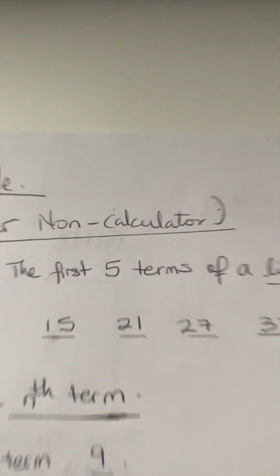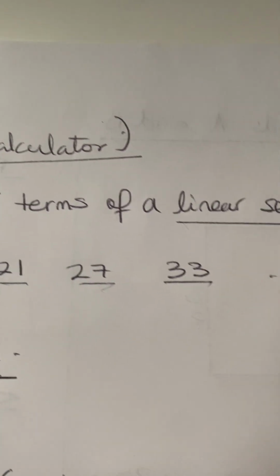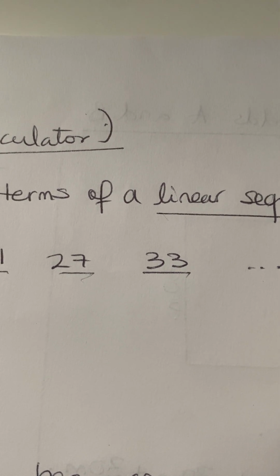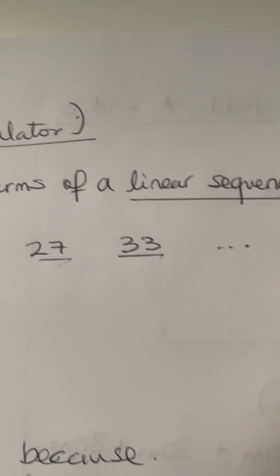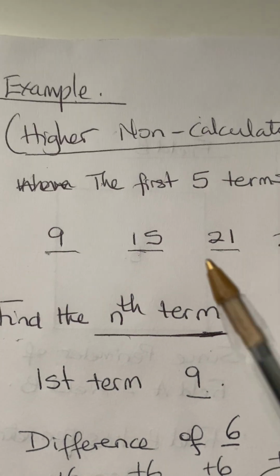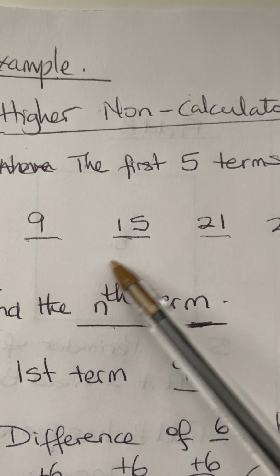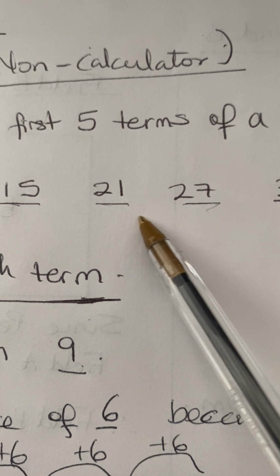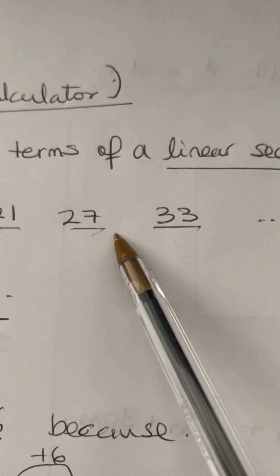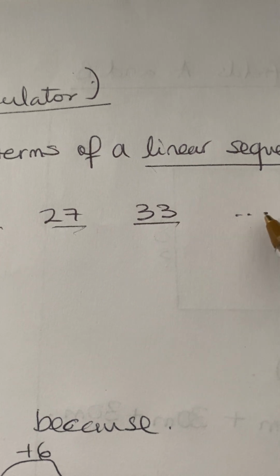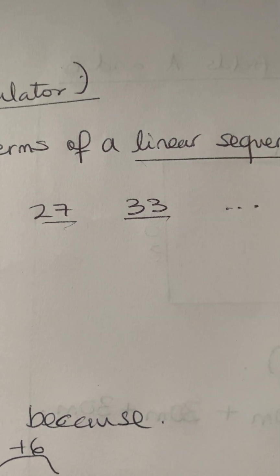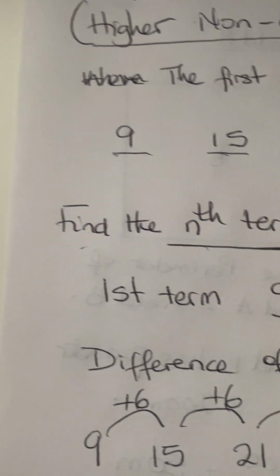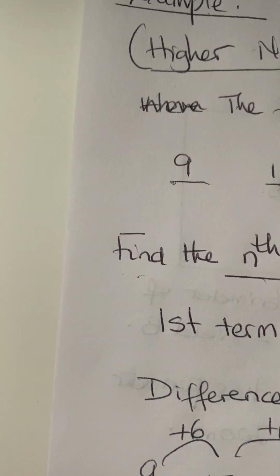The first 5 terms of a linear sequence, we've done videos on sequences, please go back and look, are 9, 15, 21, 27, 33. 3 dots meaning it can go on and on and on. Find the nth term.